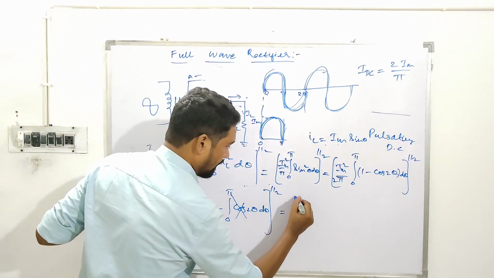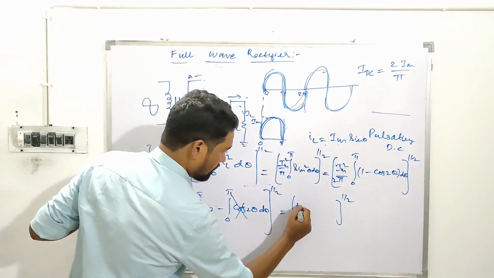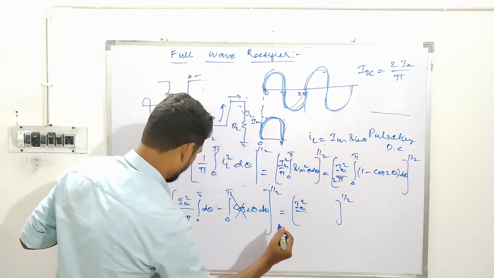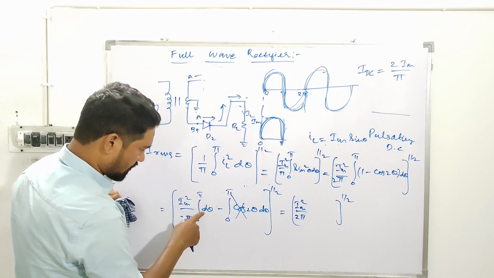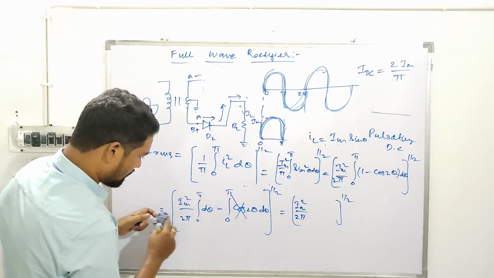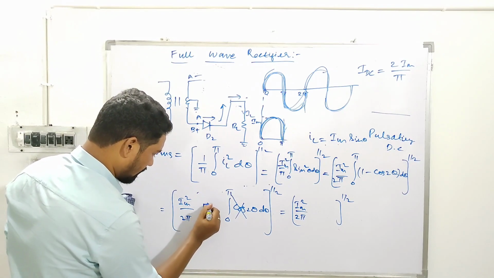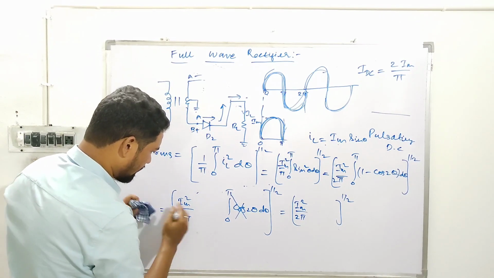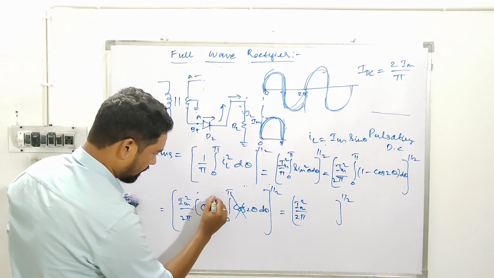And we have that root, Im square by 2 pi. What simplification do we have here? Integral d theta will be theta with the limits 0 to pi.